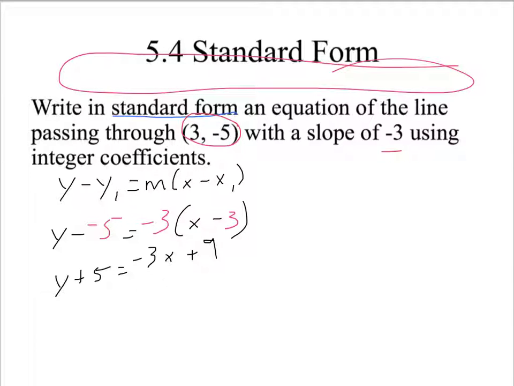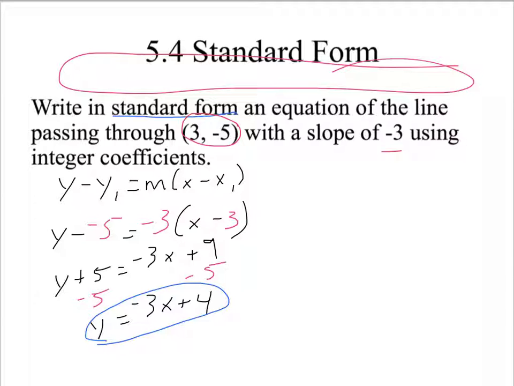Okay, I bring this 5 over, and I now have y equals a negative 3x plus 4. Awesome. I distributed, then I subtracted the 5 on both sides, and now what form are we in? Slope intercept, the y equals mx plus b.